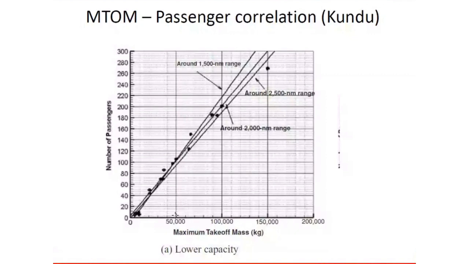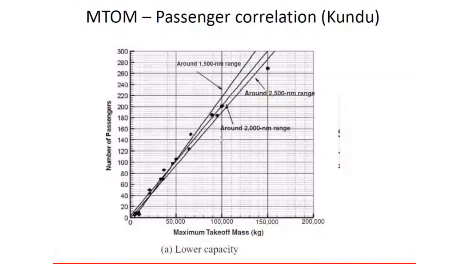Now a slight difference happens depending on the range. If you're around 2,000 nautical mile range, then for 200 passengers you will be around 100,000. If you are looking at 1,500 nautical miles, then for 200 you will have a slightly lesser weight.